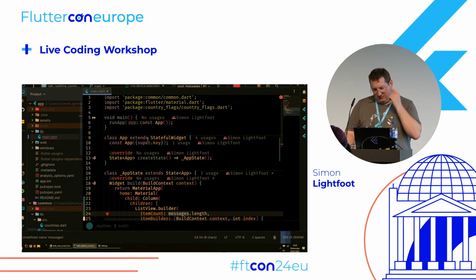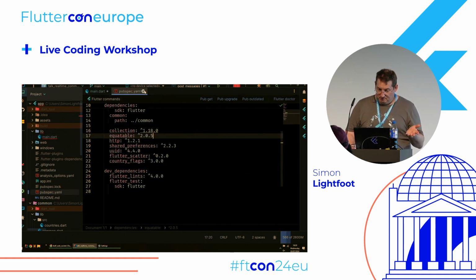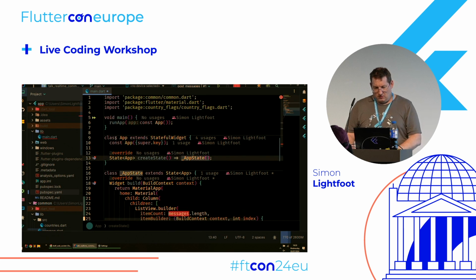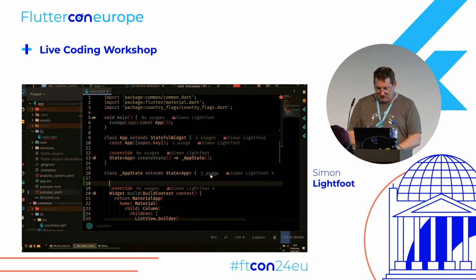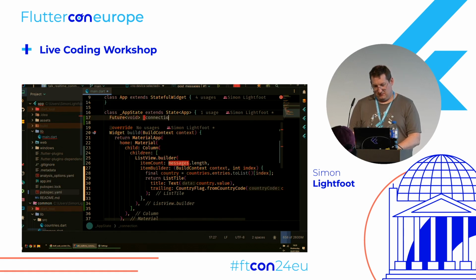We don't have anything connected up to the API yet, so let's have HTTP. So we could do that. Yes, okay, all right. Let's just do this the quickest way possible. So we'll create a future connecting.